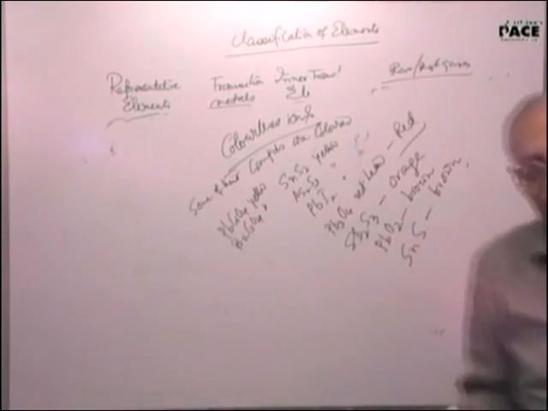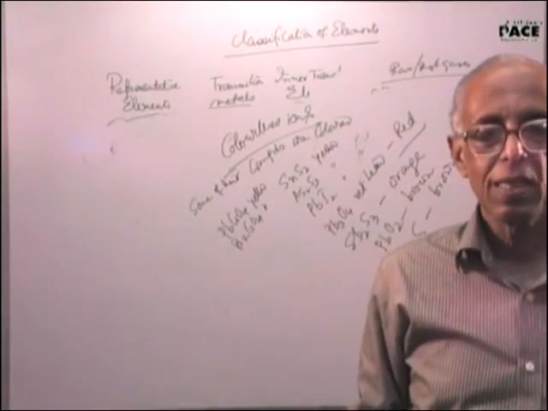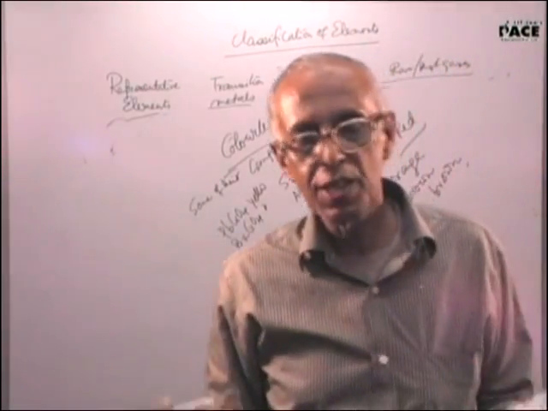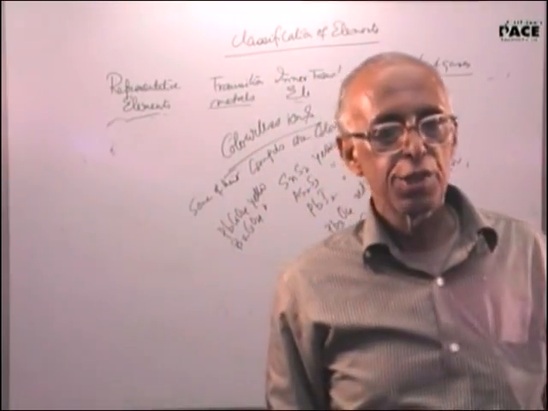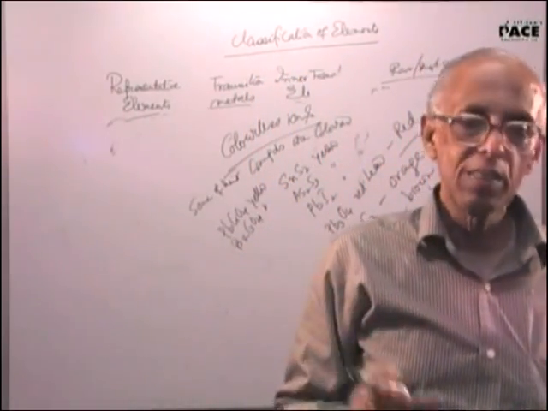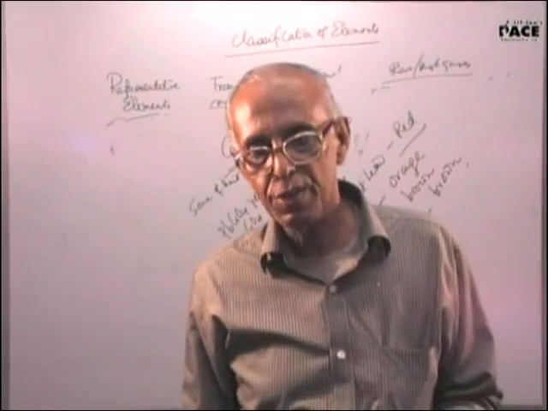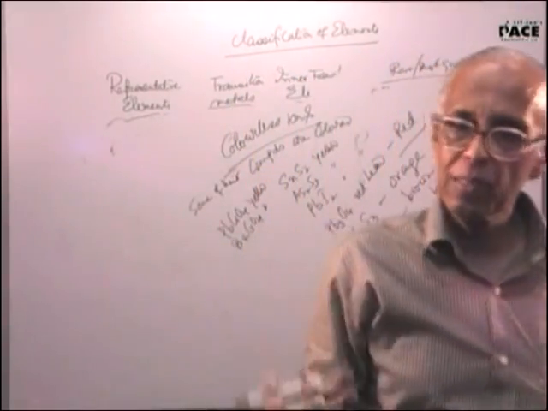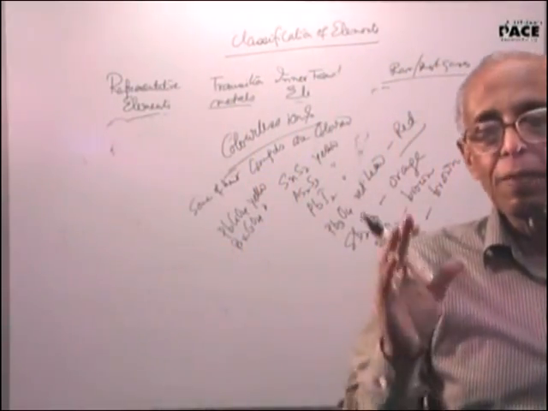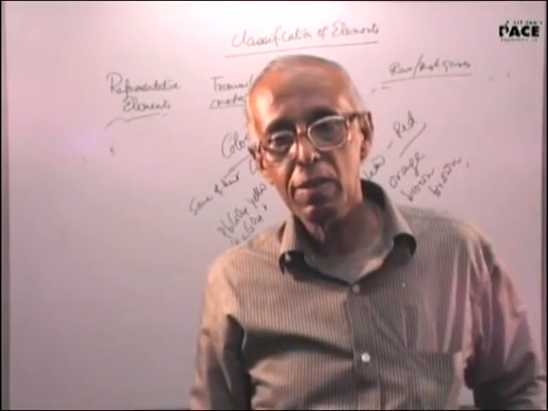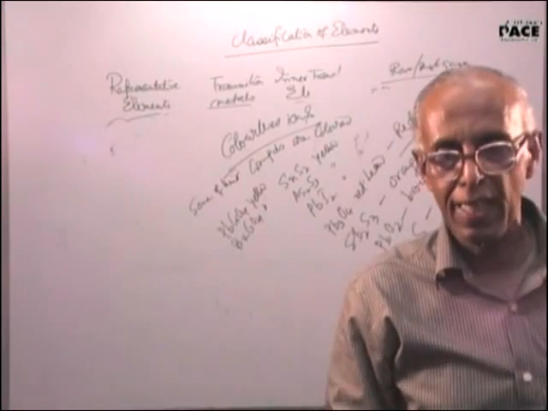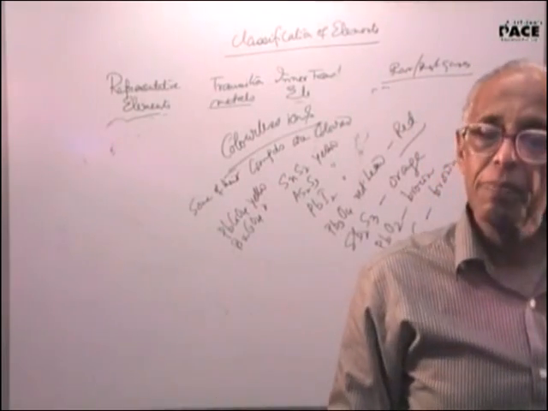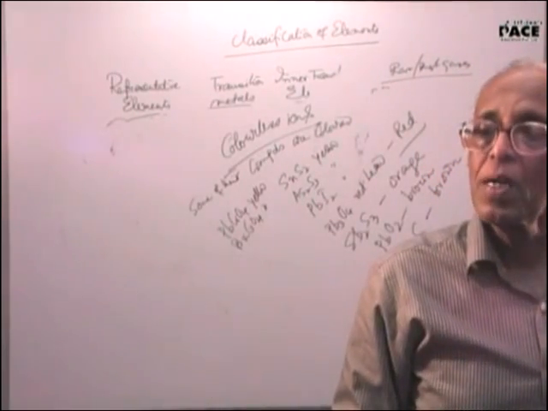We can say that representative elements are the elements in which the outermost shell has an s1 to s2p5 electronic configuration. Some of them are metals, some of them are highly positive metals, some of them are not so highly positive metals like tin and lead, bismuth, polonium, gallium, indium.